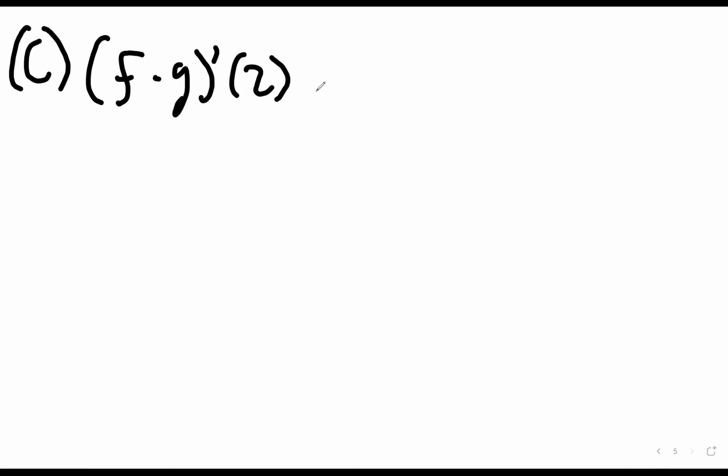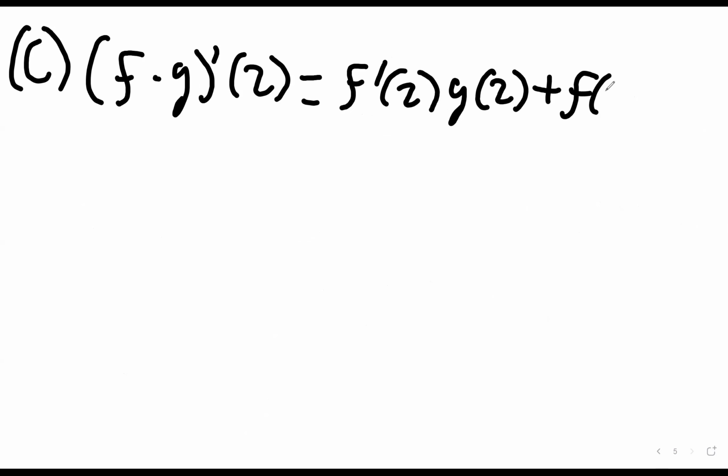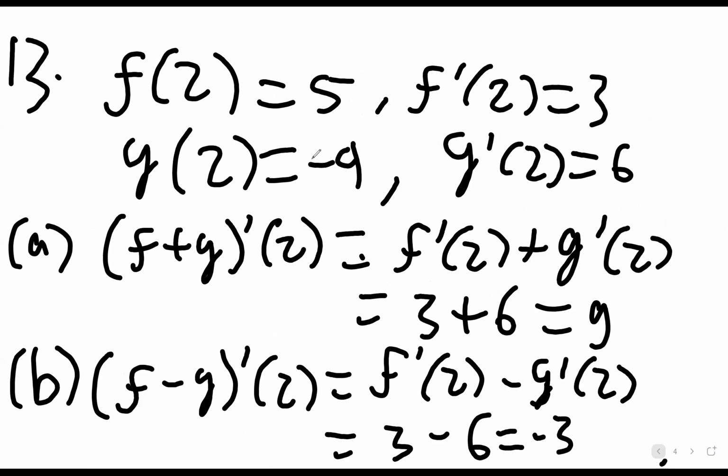The derivative of f times g at 2 is f prime of 2 times g of 2 plus f of 2 multiplied by g prime of 2. Of course, we have to substitute the value of the function and its derivative.